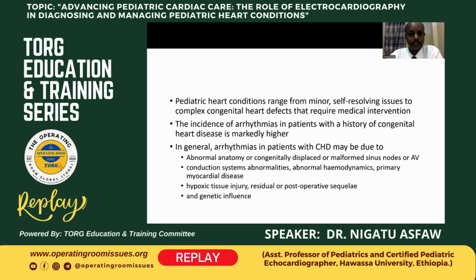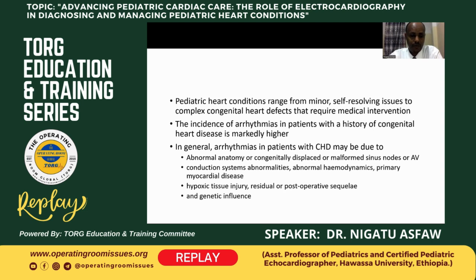The incidence of arrhythmia is very high in children with congenital heart disease, and this arrhythmia can be due to abnormal anatomy or displacement of the sinus node or AV node, or abnormality in the conduction system, abnormal hemodynamics, or primary myocardial disease like dilated cardiomyopathy as well as hypertrophic cardiomyopathy.